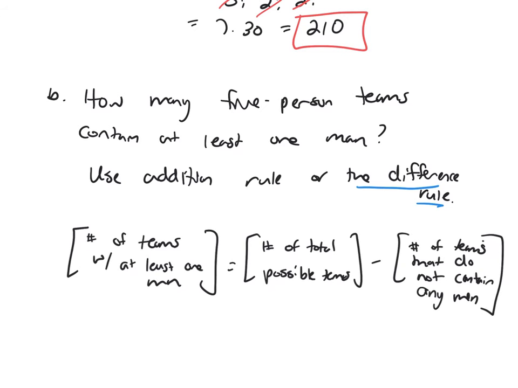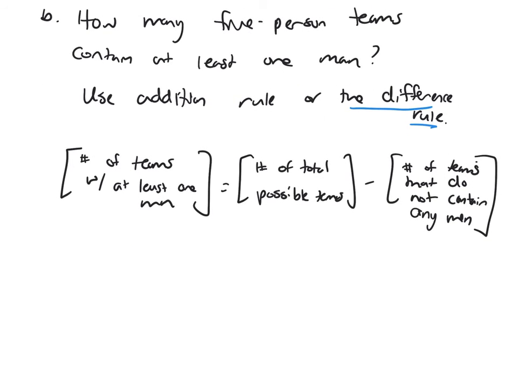So you take the total possible number of teams. If there were no requirements on this team, there's 12 people and I need to choose 5 of them.